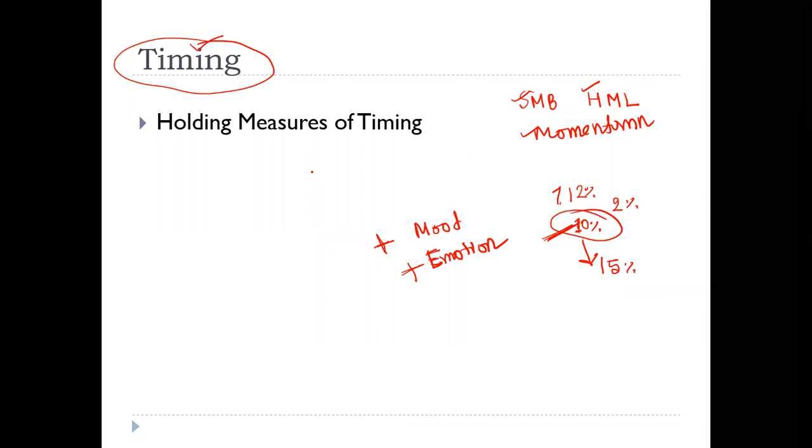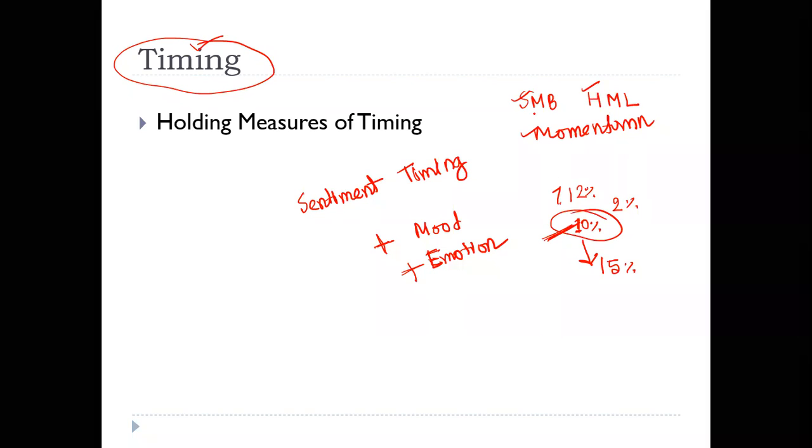What I'm trying to say is timing. You will see a good number of literatures where it has been proved that sentiment timing rewards the fund managers. So what does sentiment timing mean? Sentiment is a factor, and I believe you have come to learn about timing.